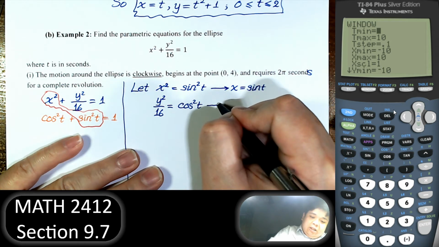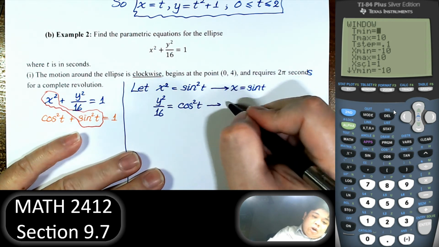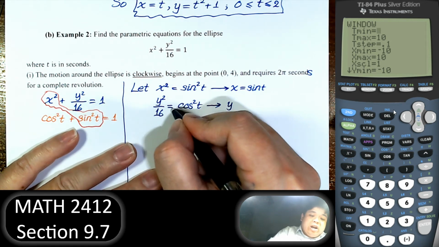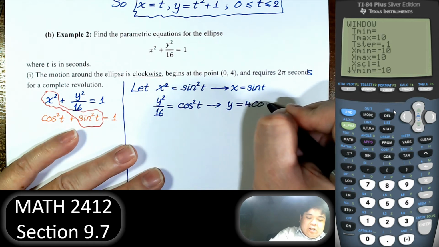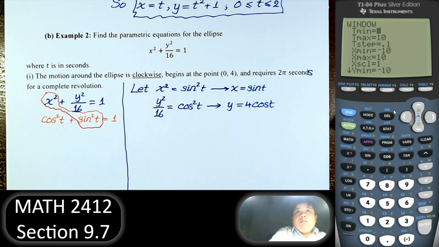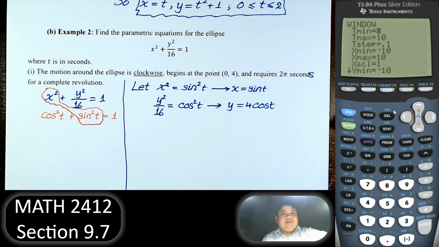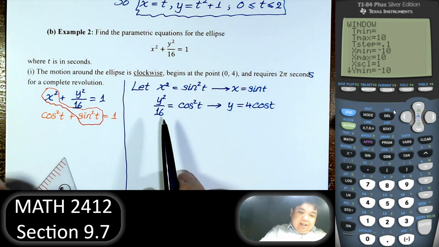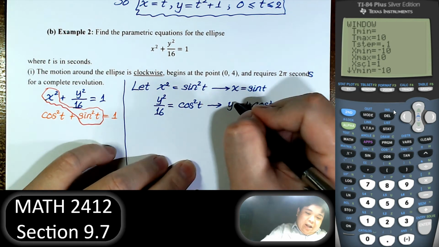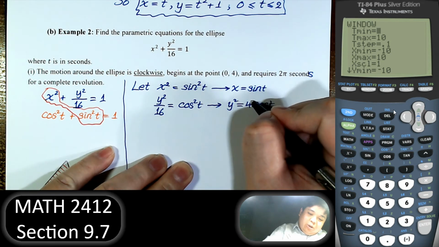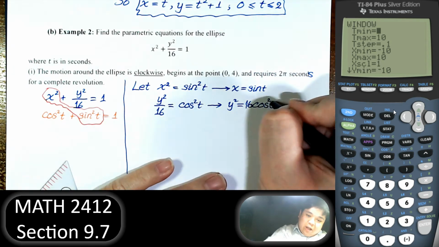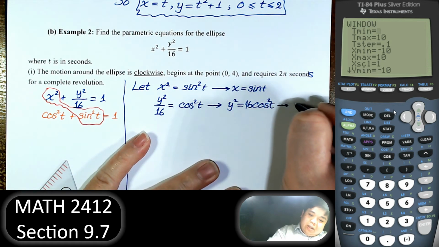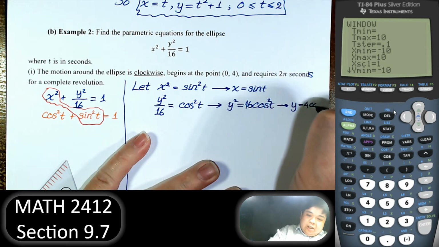Multiply by 16 and take the square root: y squared equals 16 cosine squared, so y equals the square root of that, 4 cosine t. That's it, pretty much. So solving for y squared, y squared is equal to 16 cosine squared, so taking the square root, y equals 4 cosine t.